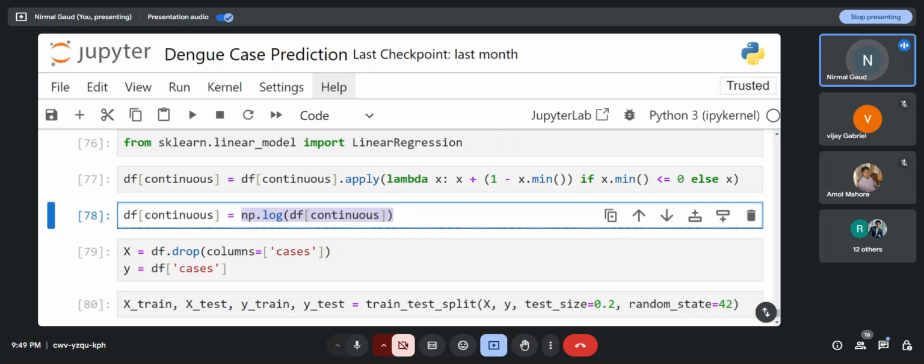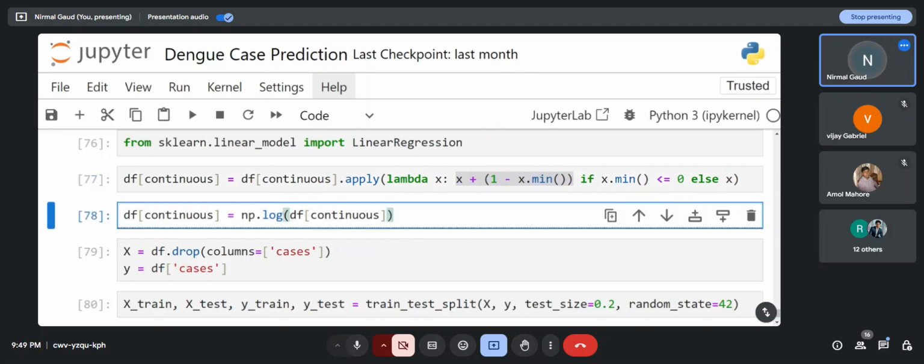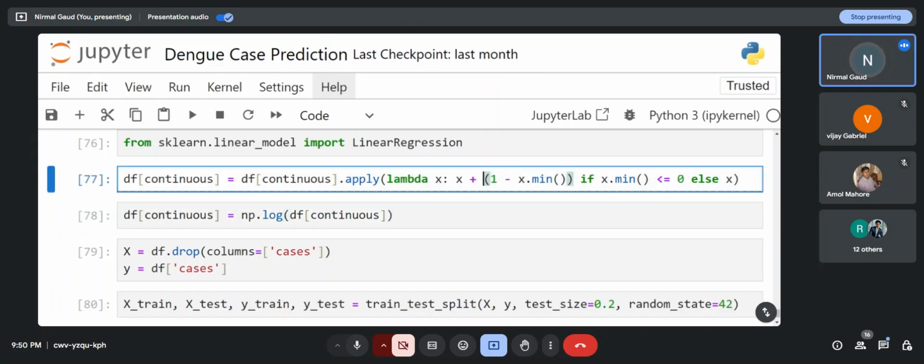So the above code is just like that. If you are having a minimum value of zero or less than zero, then apply some kind of maths over it. This is a maths which I apply to make it positive. And then I applied log. In the previous project also, I used a different approach to convert negative to positive.